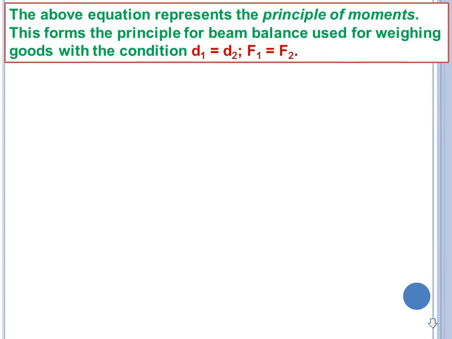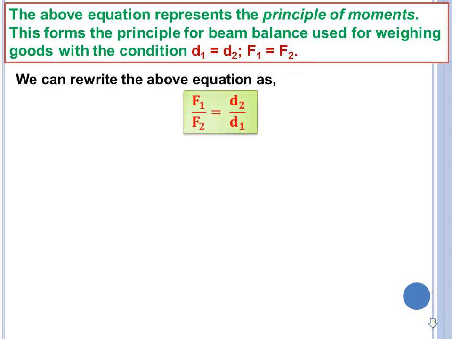The above equation represents the principle of moments, and this is the principle used for a beam balance for weighing goods, with the condition d1 is equal to d2 and F1 is equal to F2. We can write the above equation as F1 divided by F2 is equal to d2 divided by d1.